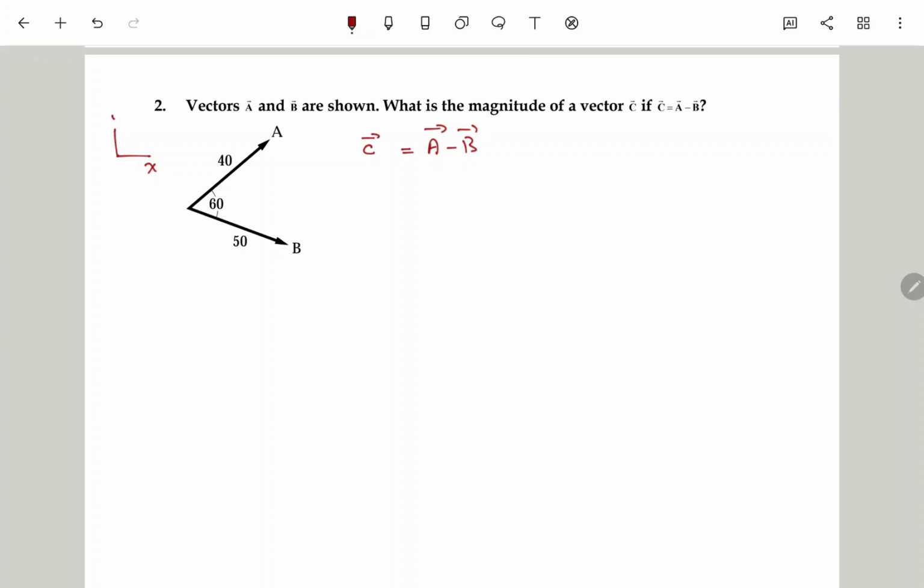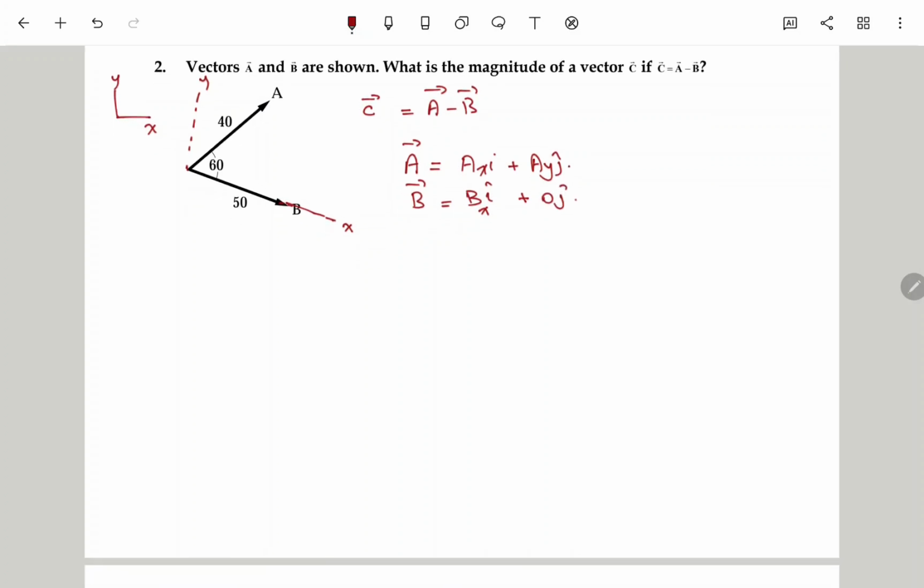If we rotate the coordinates in such a way, B will be matched with the x-axis, and this is the y-axis. Now A equals Ax i hat plus Ay j hat, and B equals Bx i hat and 0 j hat.